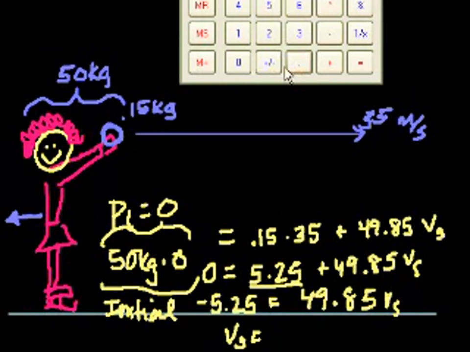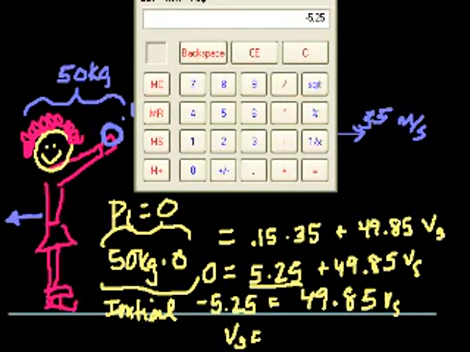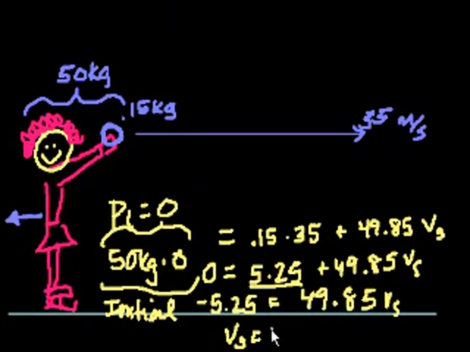Minus 5.25 divided by 49.85 equals minus 0.105 meters per second.